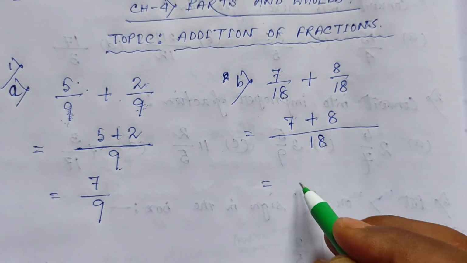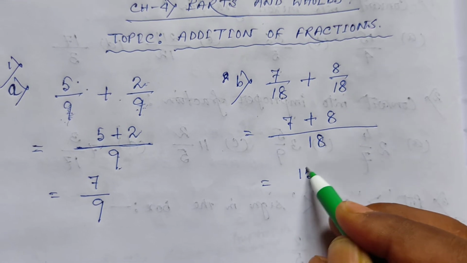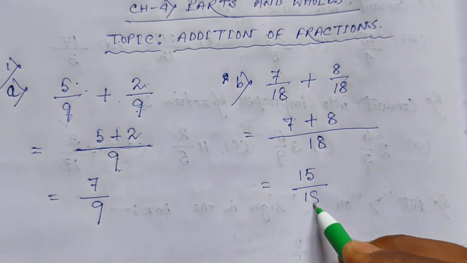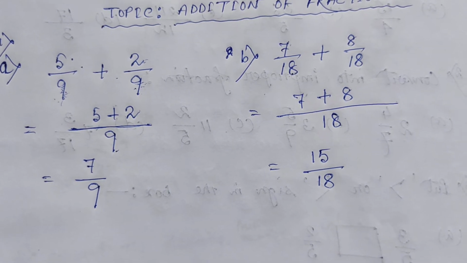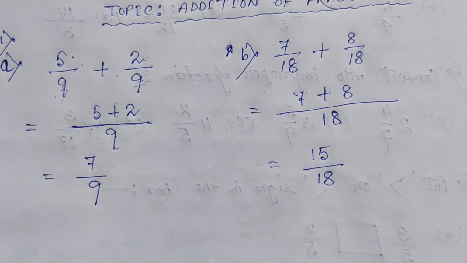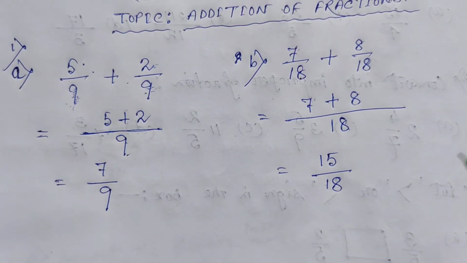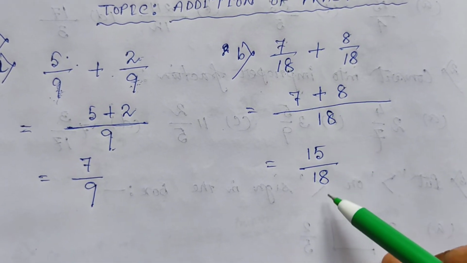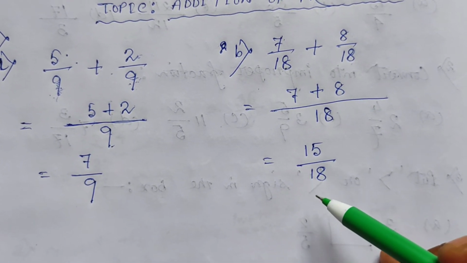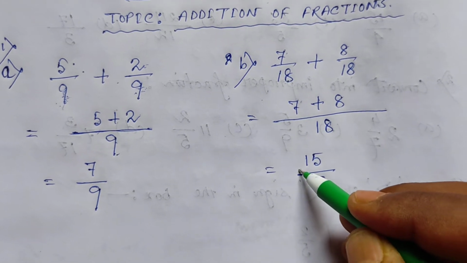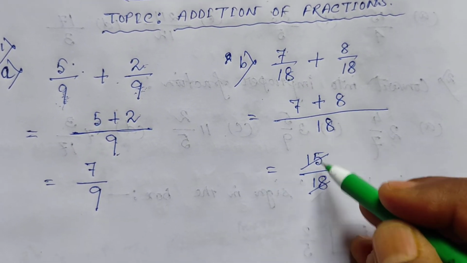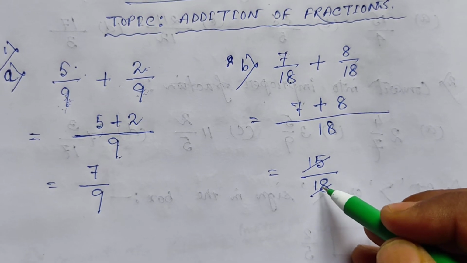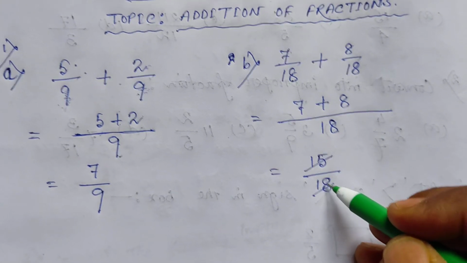Now 7 plus 8 is 15 by 18. But this is not the correct result because the fraction is not in the simplest form. Now we have to cancel it. So 15 and 18, you can see we can divide both by 3.